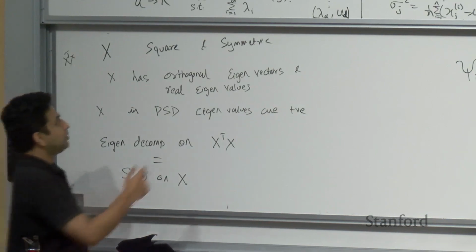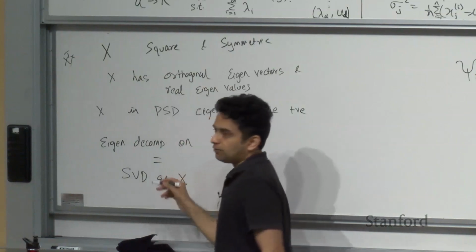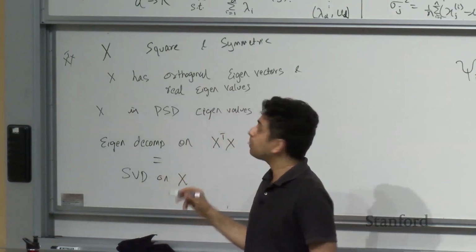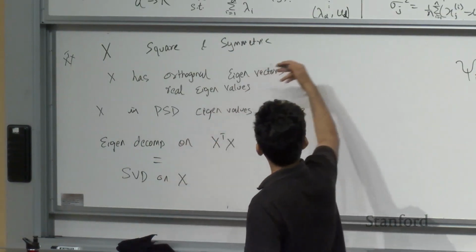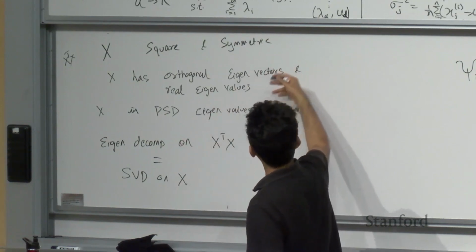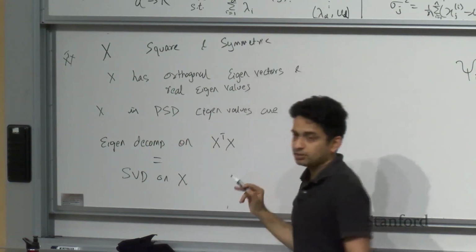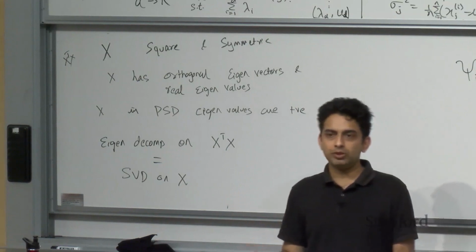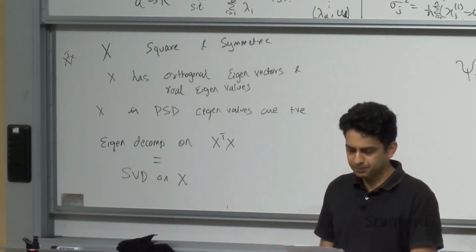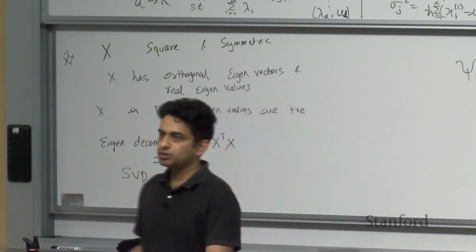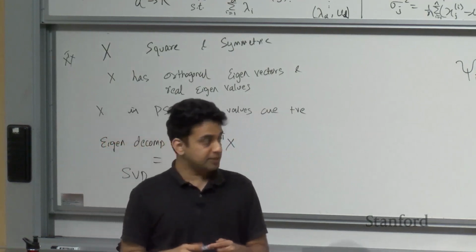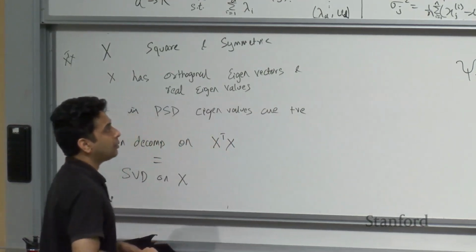So this is the same as performing singular value decomposition on the X matrix. Another way to think of the same thing is to construct X transpose X and just do eigen decomposition on X transpose X. Any questions on PCA? In homework, you will see.